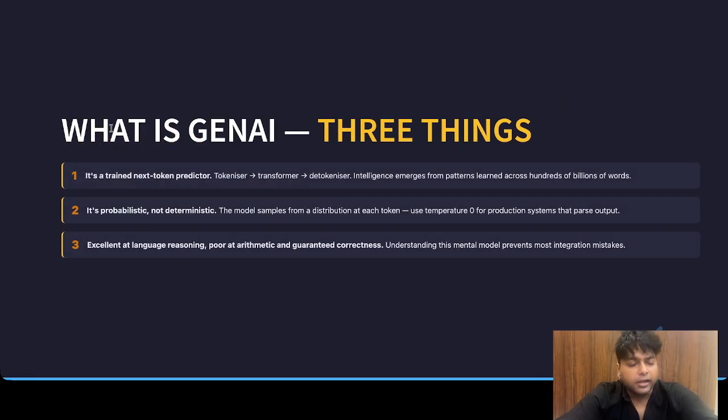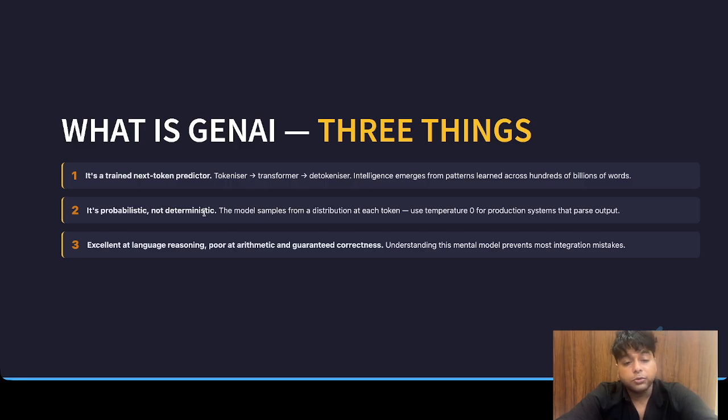So if someone asks me what GenAI is, I would talk about these three things. First, it's a trained next token predictor. Tokenizer, transformer, detokenizer: these three are the building blocks. Intelligence emerges from patterns learned across hundreds of billions of words. Second, it is probabilistic, not deterministic.